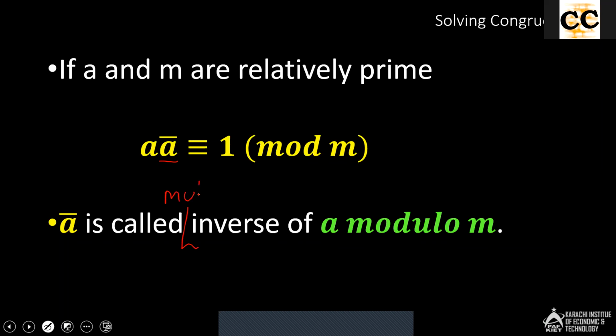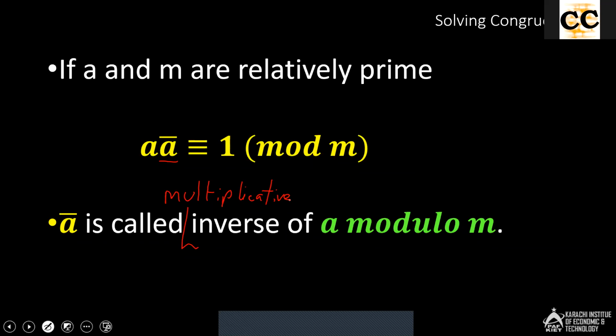It's called the multiplicative inverse of A in mod M. So usually a multiplicative inverse of A does not always exist. It will only exist if A and M are relatively prime.